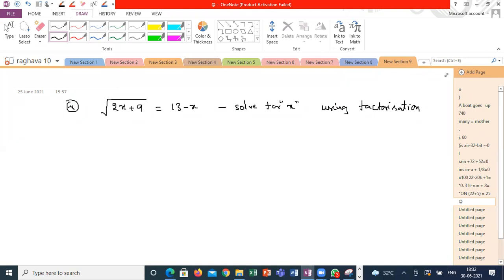Sir, for this, can we square on both the sides and remove the root? Equation compulsory. That is only converting into standard formula. Square on both sides, then only you will be able to form the quadratic equation here. 2x plus 9 is equal to 13 minus x whole square.